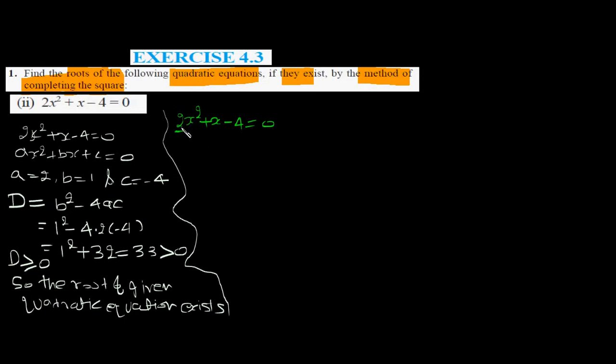Here the coefficient of x square is 2, so to get rid of this 2 we have to divide the equation by 2. Why 2? Because 2 is the coefficient of x square.